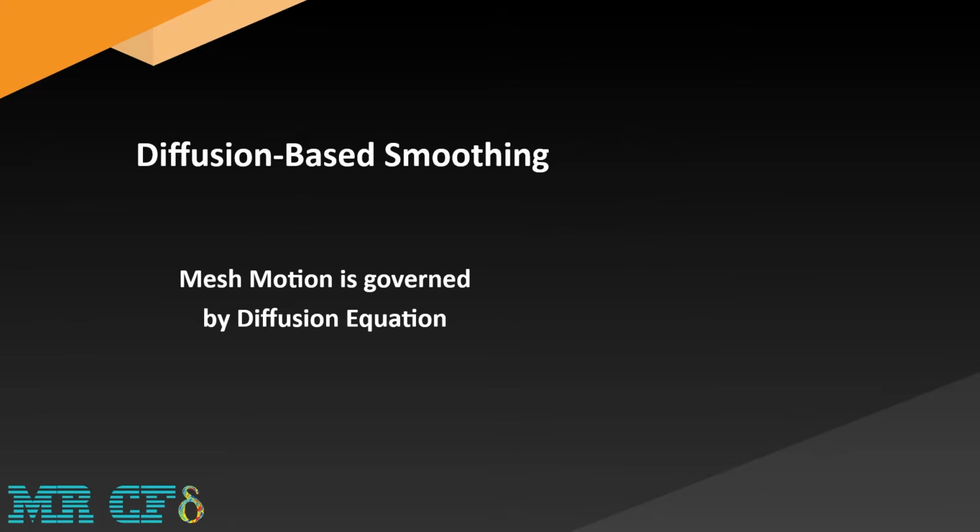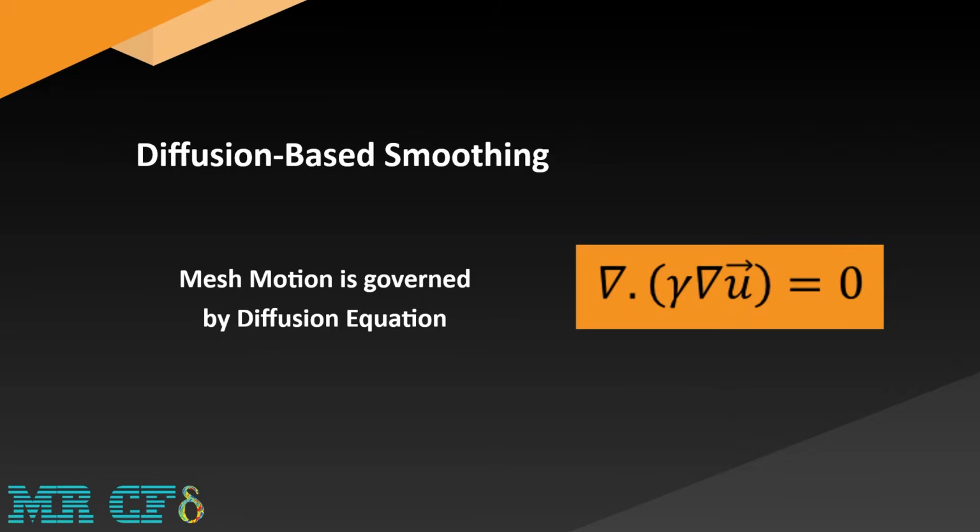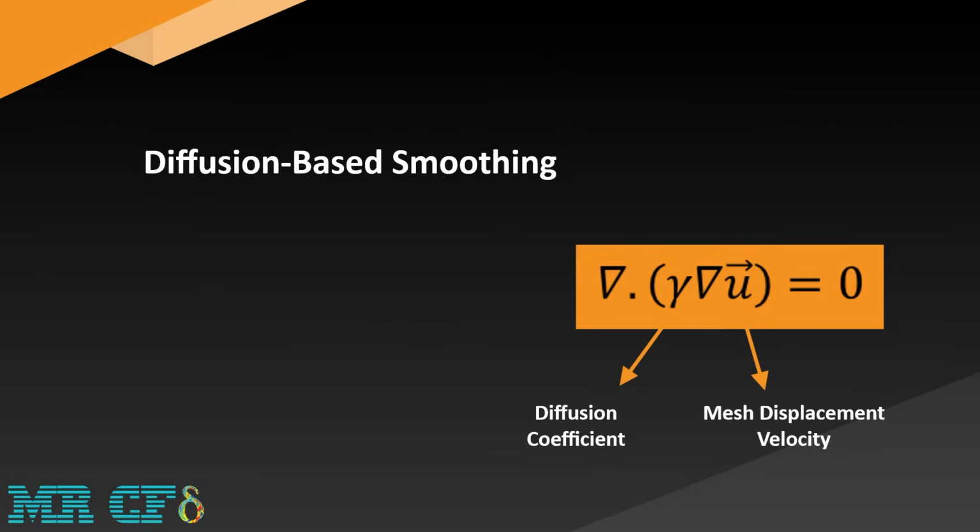In this method, the governing equation related to the movement of the mesh is presented as follows. In fact, this Laplace equation specifies how the boundary motion is diffused into the deforming mesh. In this equation, U is equal to the mesh displacement speed. Additionally, the diffusion coefficient or gamma controls how the boundary motion affects the internal mesh motion.